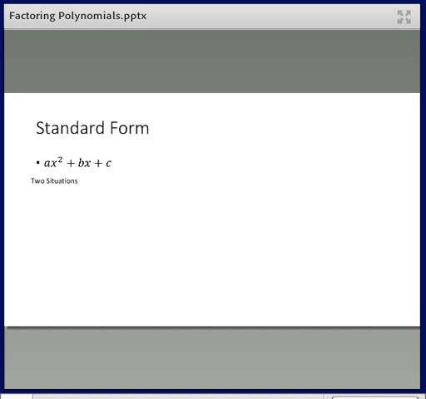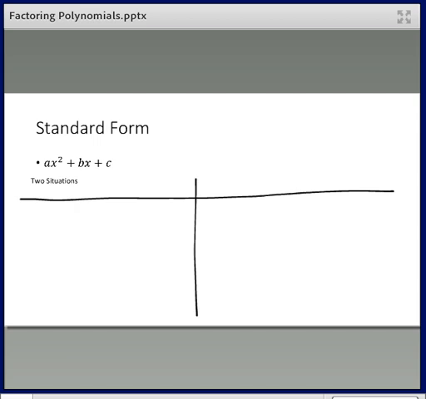So here we go. We're working with a quadratic equation in standard form, ax squared plus bx plus c. When we factor, we're going to look at two different situations. The first situation is when a equals 1, so we'll just have x squared plus bx plus c.